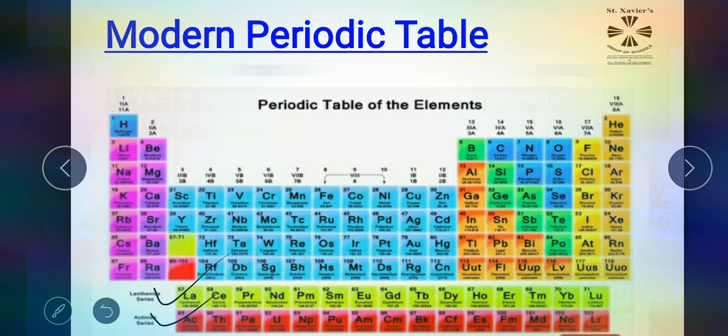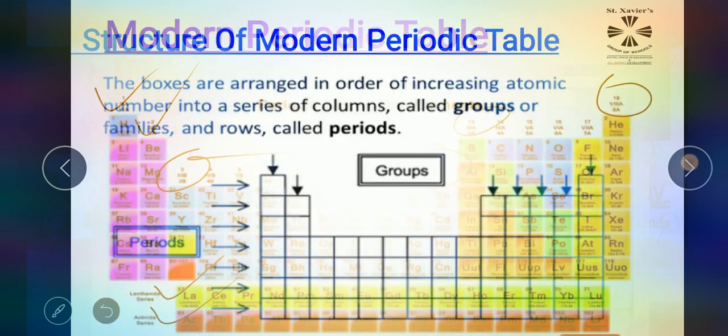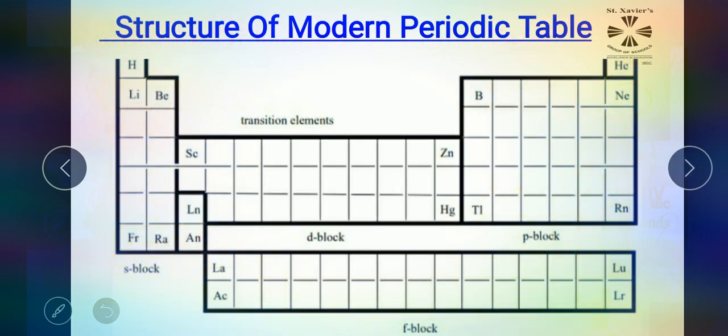So the modern periodic table is divided into four blocks also. I'll repeat again, students. Group 1 and group 2 are in the S block. Group 3 to 12 are in the D block. Group 13 to 18 are in the P block, and at the bottom, the lanthanide and actinide series are in the F block. You will remember this, students.